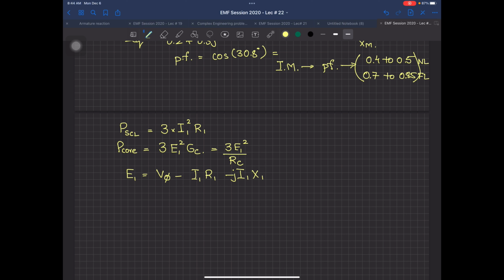This is very important. So you are always going to get this in phasor form and find out E1, but you are only requiring the magnitude. So when you have the phasor form, then you will find out the magnitude over here. So when you have got E1, then you can use this 3E1 square GC equal to, or 3E1 square divided by RC over here.